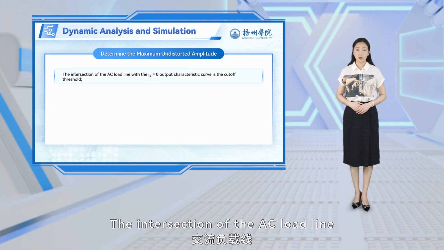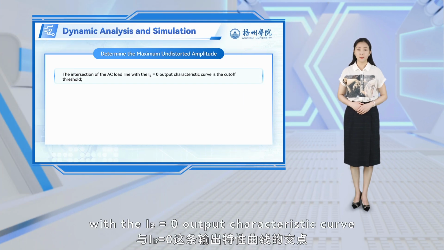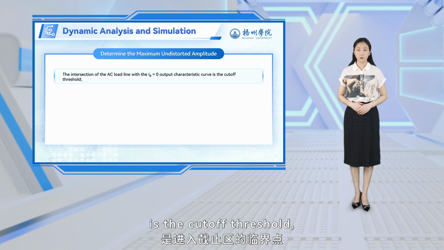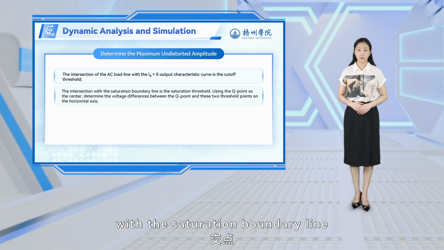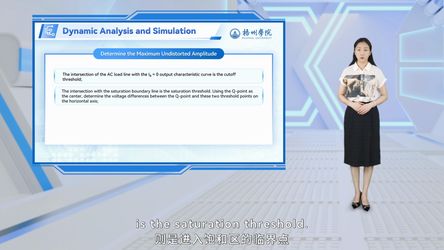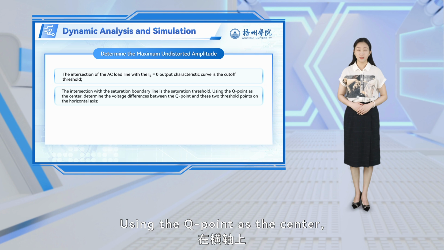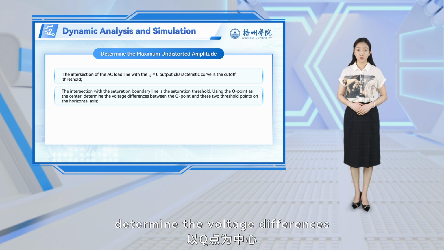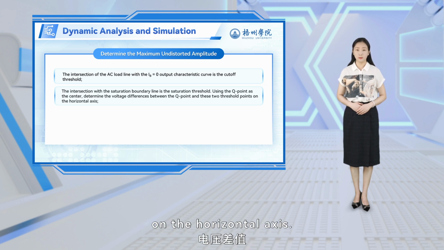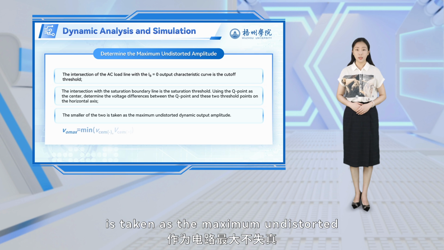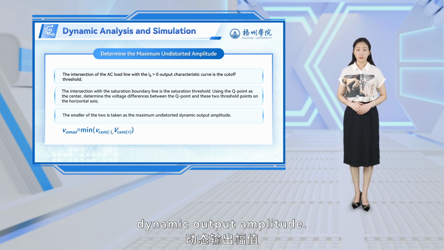The intersection of the AC load line with the IB equals 0 output characteristic curve is the cutoff threshold, and the intersection with the saturation boundary line is the saturation threshold. Using the Q point as the center, determine the voltage differences between the Q point and these two threshold points on the horizontal axis. The smaller of the two is taken as the maximum undistorted dynamic output amplitude.